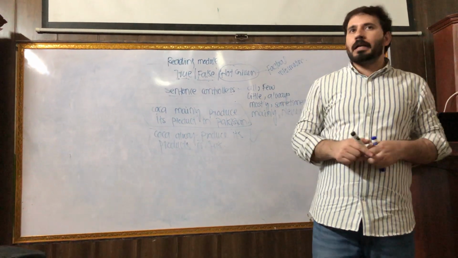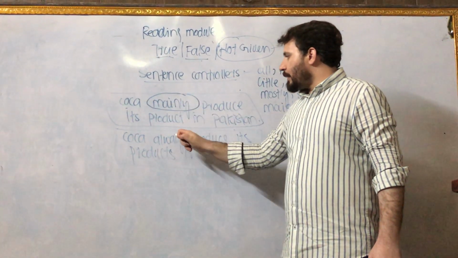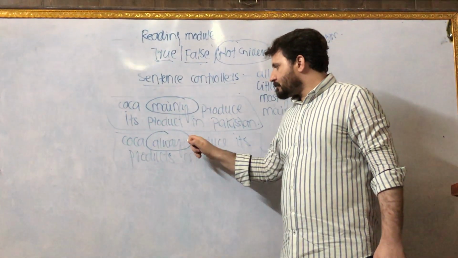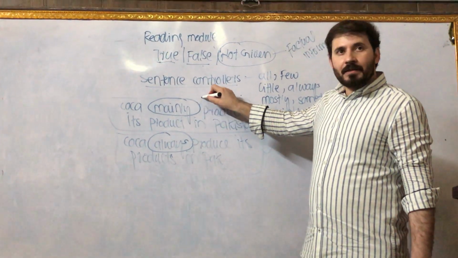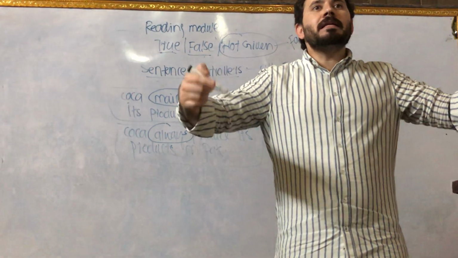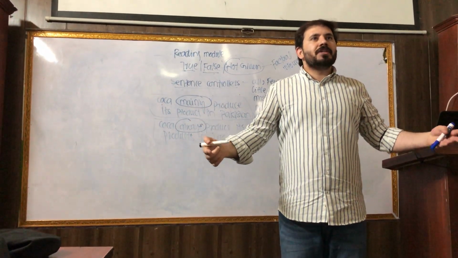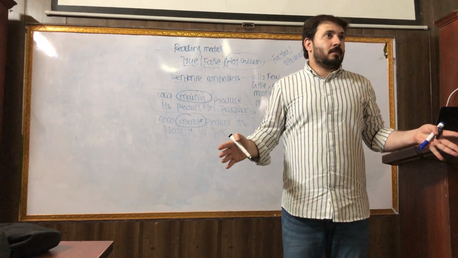As I told you earlier, they deal with sentence controllers. This is mainly, this is always. Now, the word mainly, what does it mean? Mainly means that most of its products are being produced in Pakistan.